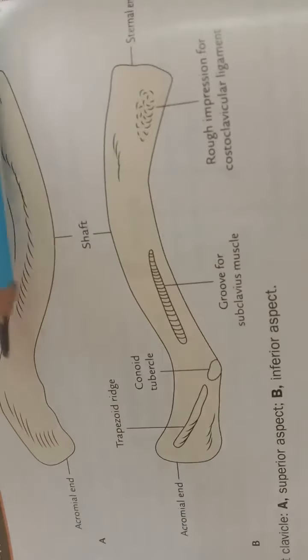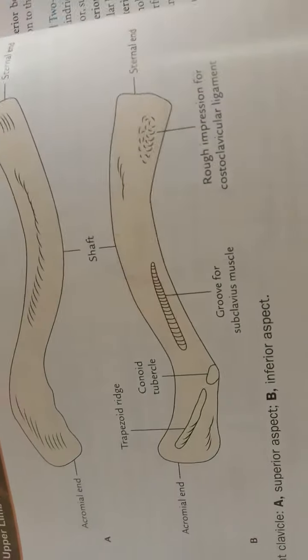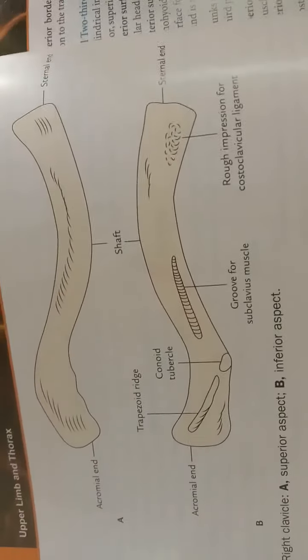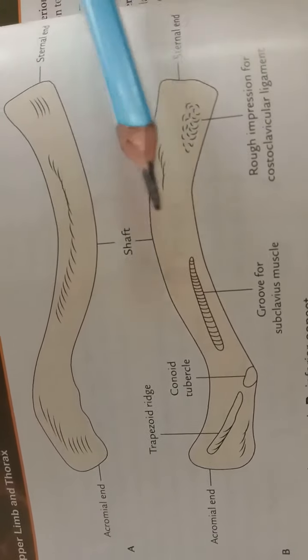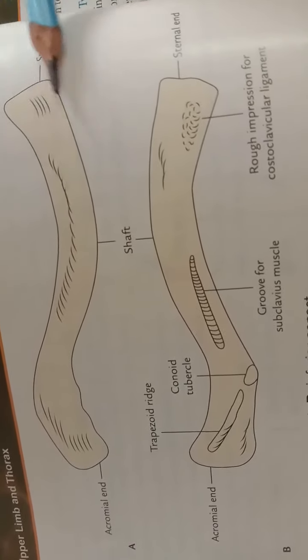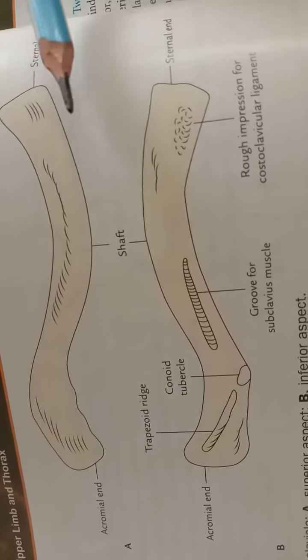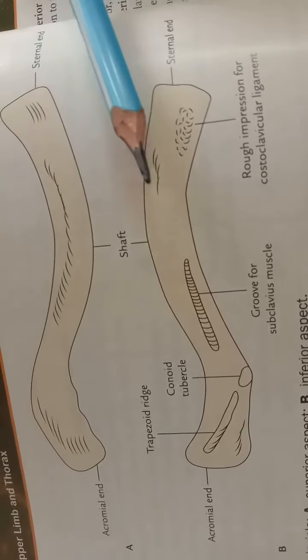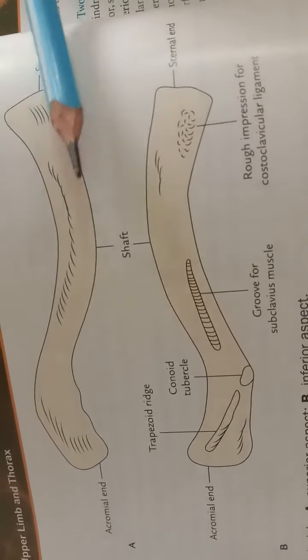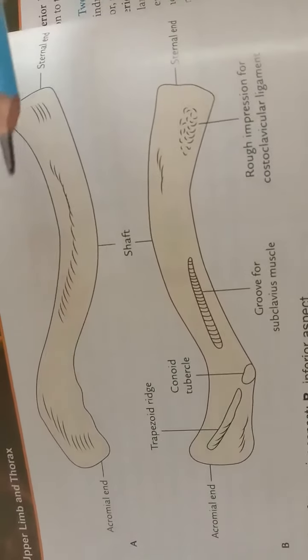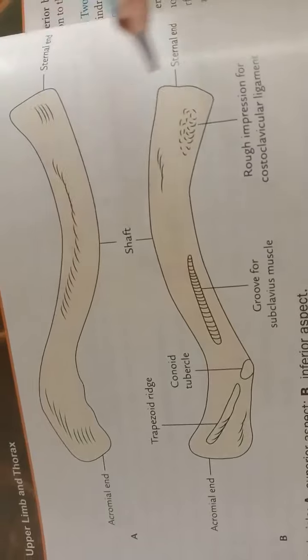Then the ossification of the clavicle. The clavicle is the first bone in the body to ossify. Except for the medial end, all the parts of the bone ossify in membrane, and it ossifies from two primary centers and one secondary center.